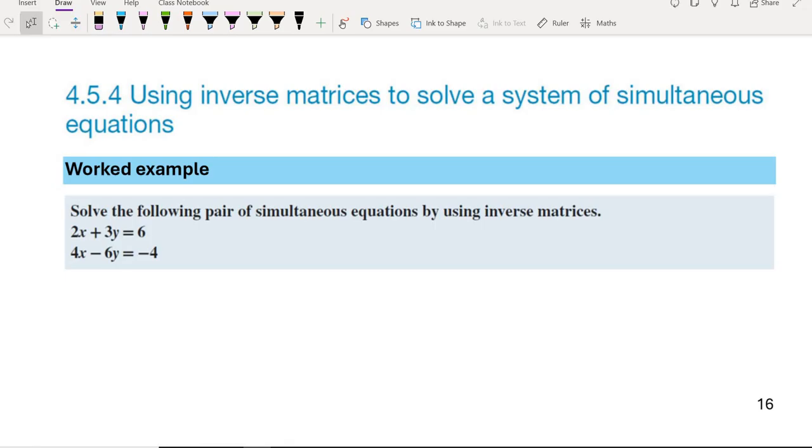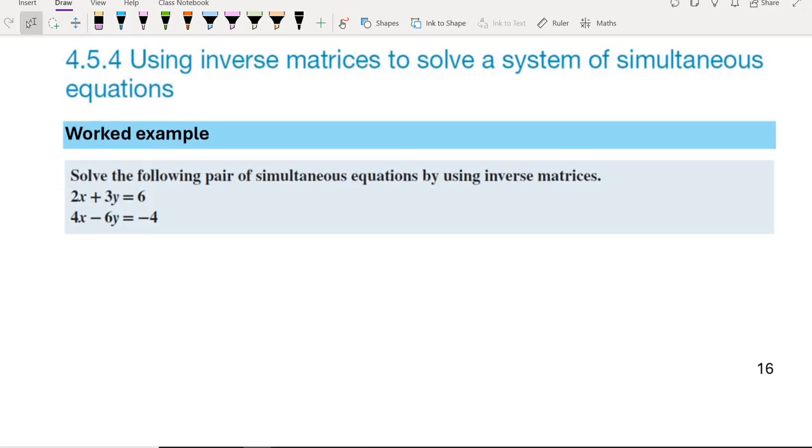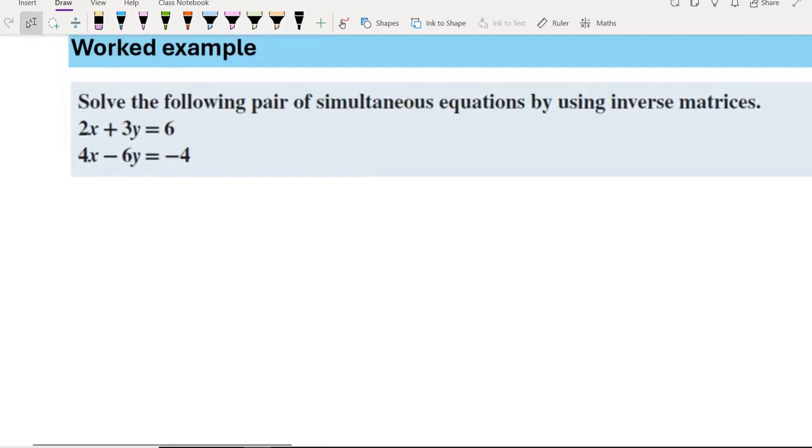Now, lastly, we're going to put a little bit more algebra into this. Use it to solve simultaneous equations, when we have two equations and two unknowns, just like this one. First thing you need to make sure of before you do anything is that your x's and y's line up.